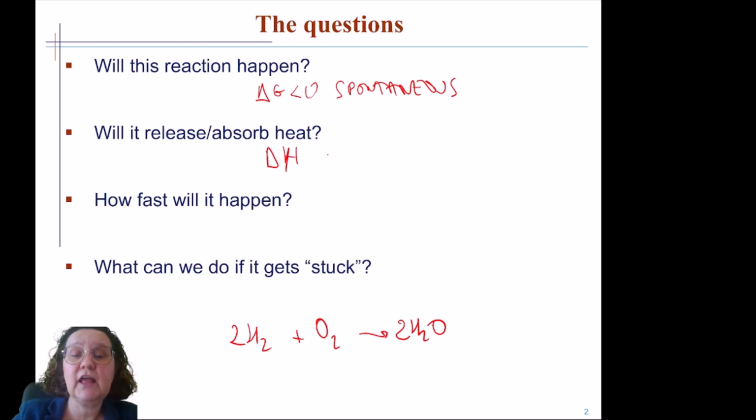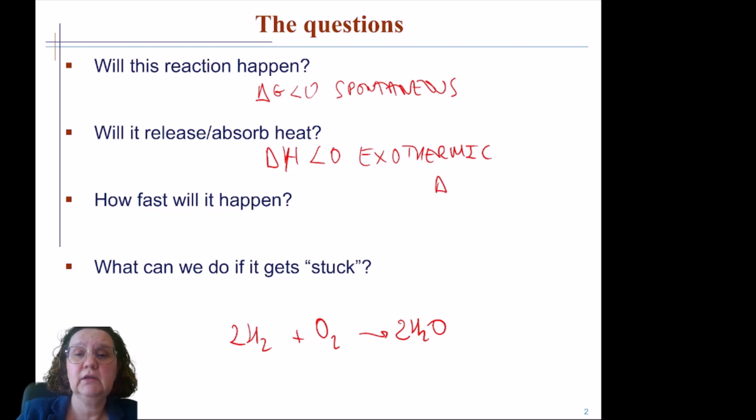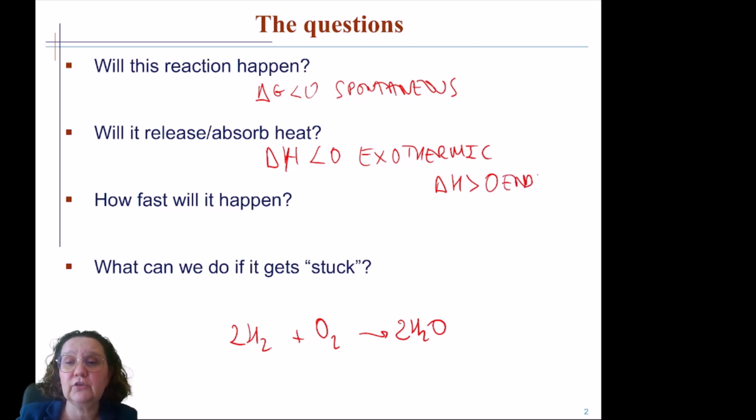When the enthalpy of a reaction is negative, we call that reaction exothermic, and yes, that reaction will release heat. And if delta H is positive, the reaction is endothermic, and that means the reaction will absorb heat.